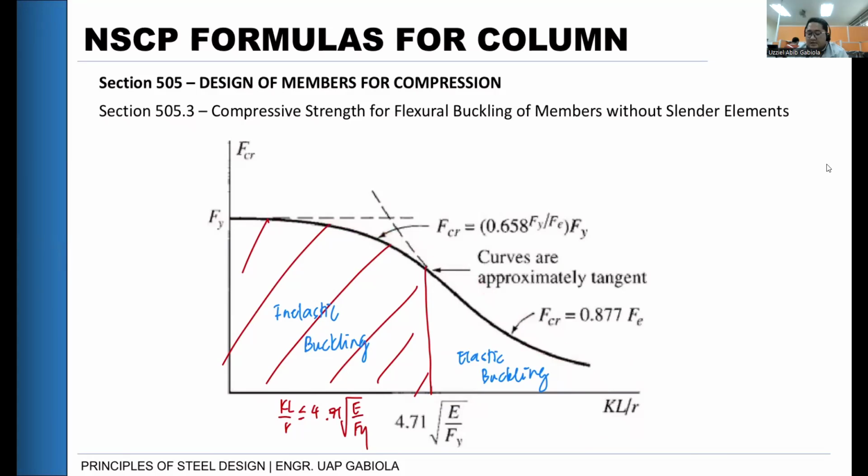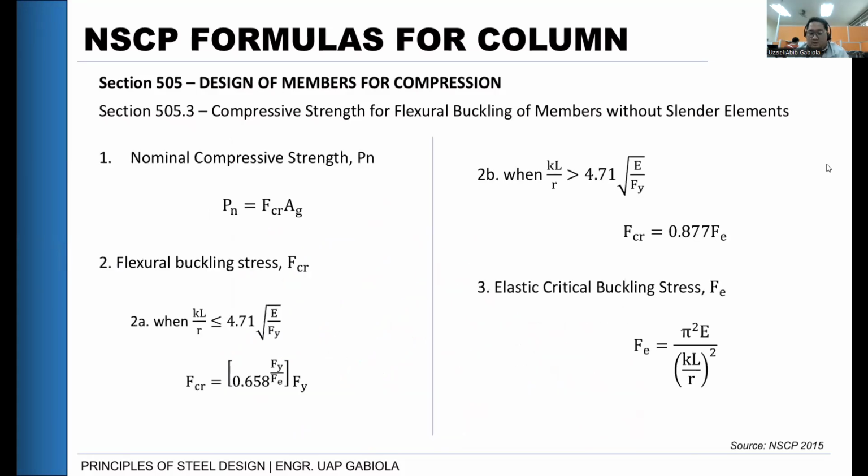Kaya, andito yan sa equation na to. Ayan, kino-compare natin yung slenderness ratio natin with 4.71. So, ito yung inelastic natin. Dito pala. Okay? Ito yung inelastic. And then, this is our elastic behavior. Okay?